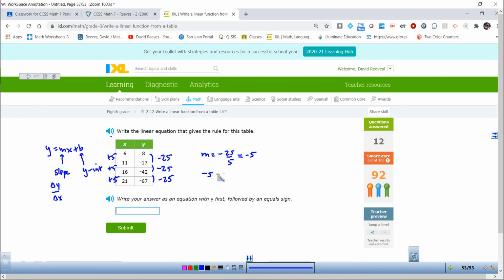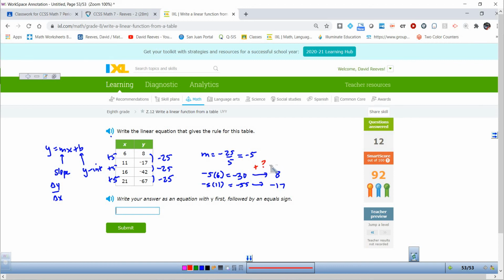So I can go negative 5 times 6 is negative 30. But what do I need? I need 8, right? Negative 5 times 11 is negative 55. But what is my answer supposed to be? It's supposed to be negative 17. So again, the question is, in this case, we're going to be adding something, right? Because we're going from negative 30 to 8.